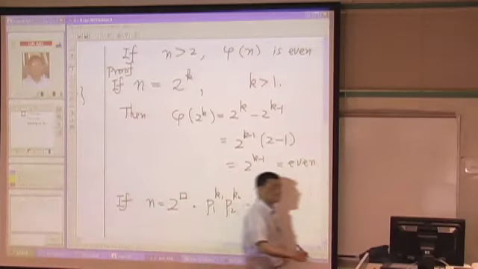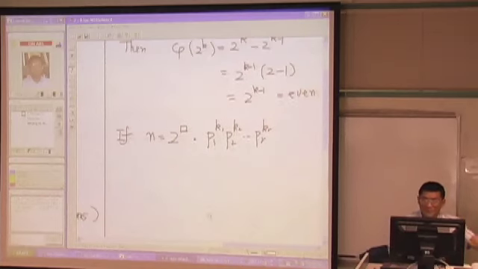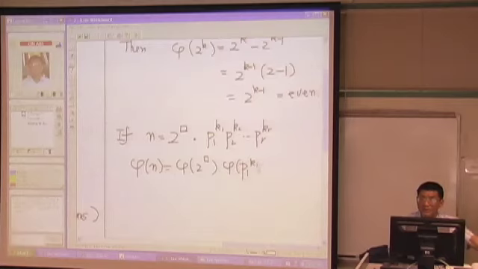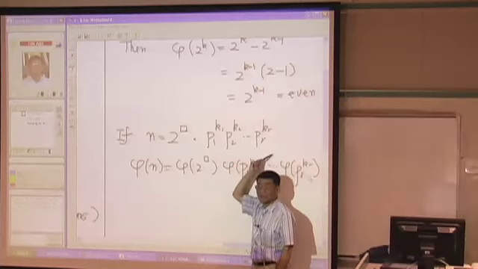Then what happens? By multiplicativity, phi of n equals the product of the individual things, right? Phi of p1^k1 up to phi of pr^kr, and other than 2, all these are odd.